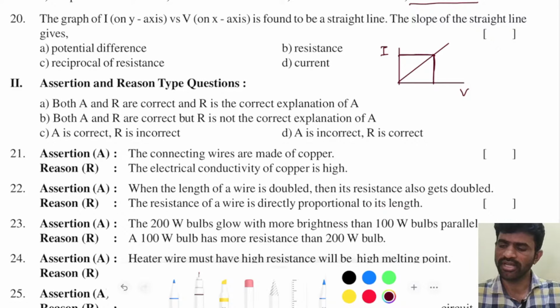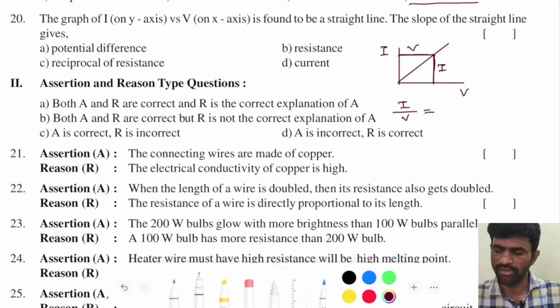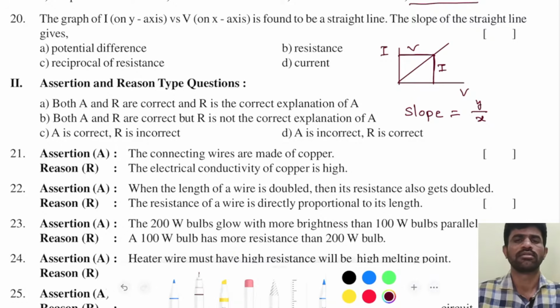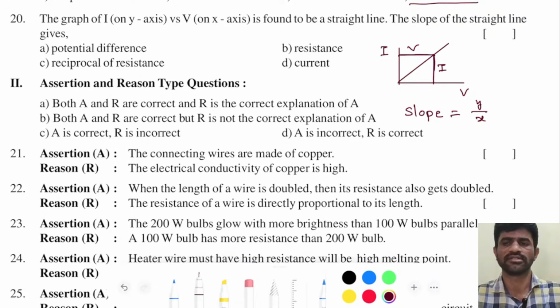Vertical distance is I, horizontal distance is V. So he is asking the ratio of I by V. This is the slope. The formula: slope of a line is change in y by change in x.